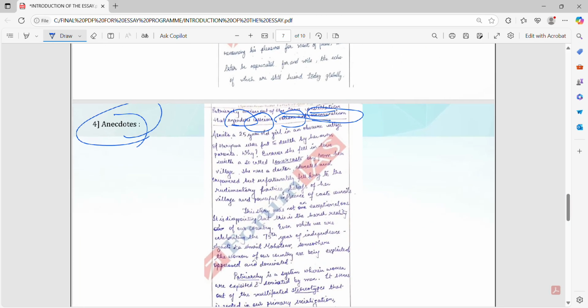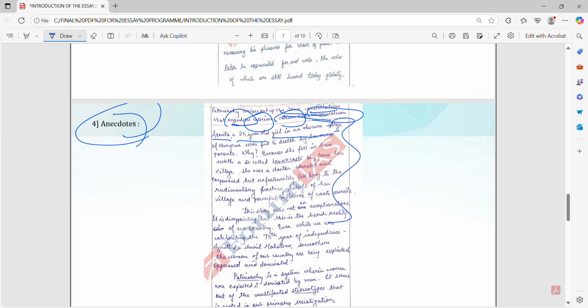So she has given the story of, what is her name, Arpita, a 20-year-old girl in an obscure village. She has given anecdotes like this para. You can go through that, you can read.